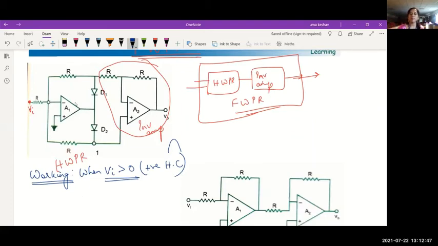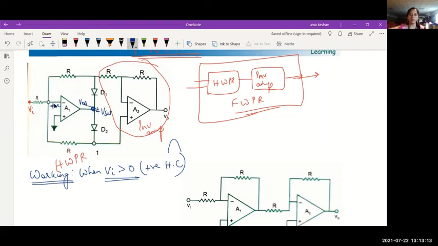What will happen? Which diode will conduct and which will not conduct? You see there is a positive voltage given at the inverting terminal. Output of the op amp, this VOA, the output of op amp A1, will tend to become negative. Yes or no? It will try to go towards minus Vsat.